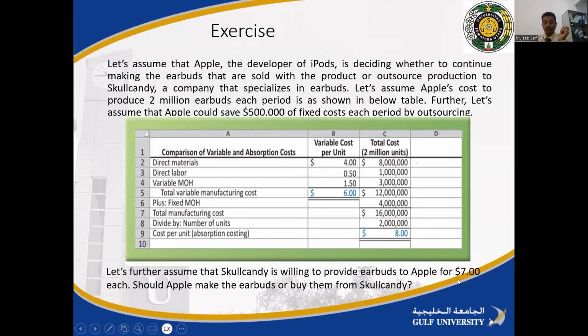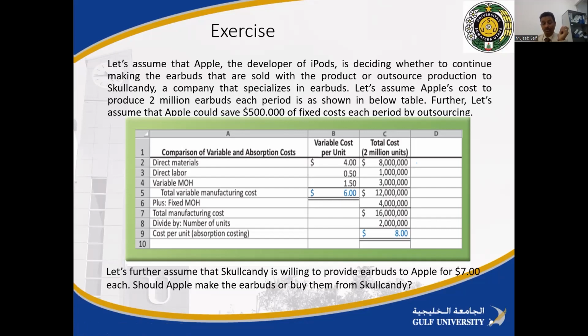If you purchase it from another organization at a lower price, yes, it is less by $1, but there is a fixed cost of 4 million.